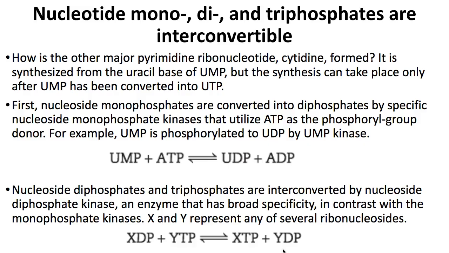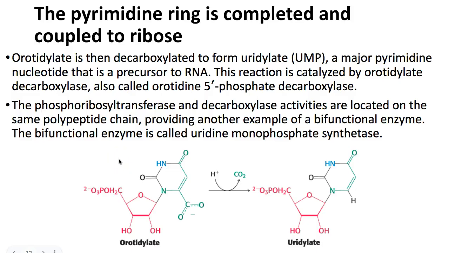And then from there, in order to start doing some interconversions from having that UTP to CTP, nucleotide mono-, di-, and triphosphates are interconvertible, where you can have UMP, which is pretty much this structure right here.